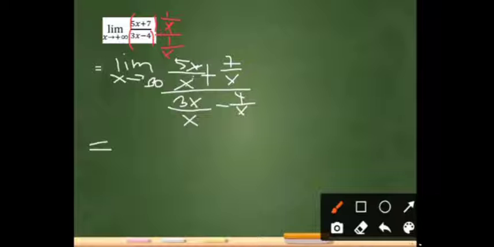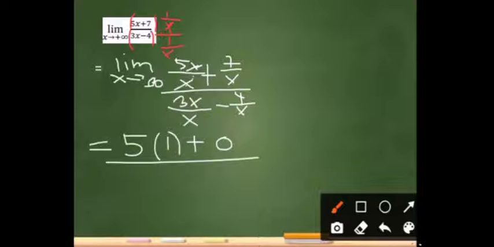5x over x, the numerator and denominator have the same degree, so it's going to be 5 times 1. Plus 7 over x, because the denominator has the highest degree, it's going to be 0. 3x over x, they have the same degree, so it's 3 times 1, minus 0, because the denominator has the highest degree.